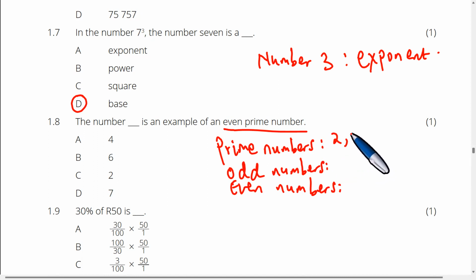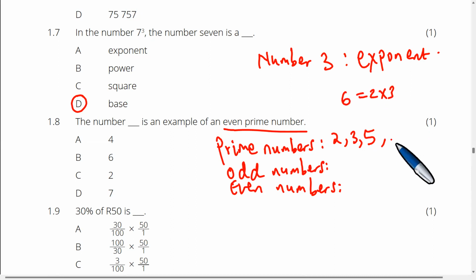2, 3. You jump 4, because prime numbers must be divisible by 1 and themselves only, with no remainder. So 4 is not a prime number. 5 is a prime number because if you write it as prime factors, it's only 5 times 1. 6 is not a prime number because 6 is 2 times 3.